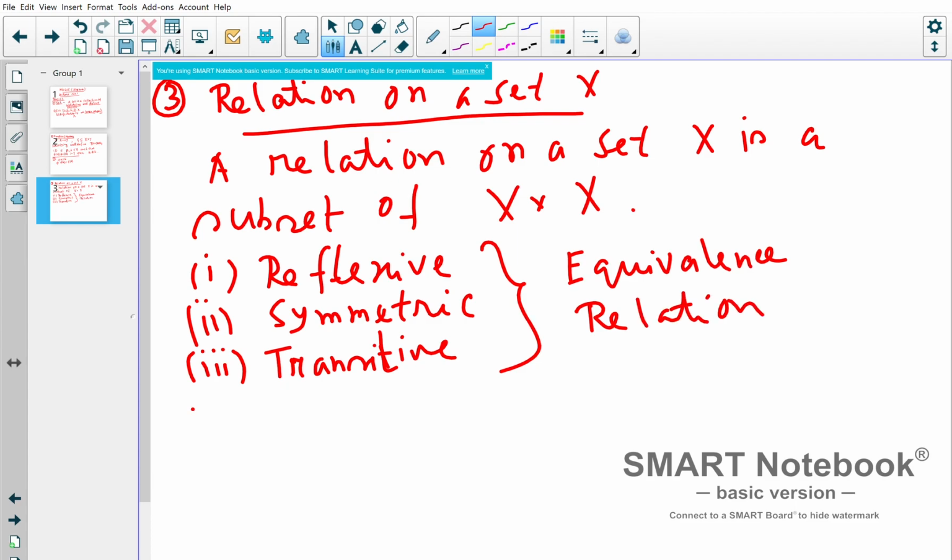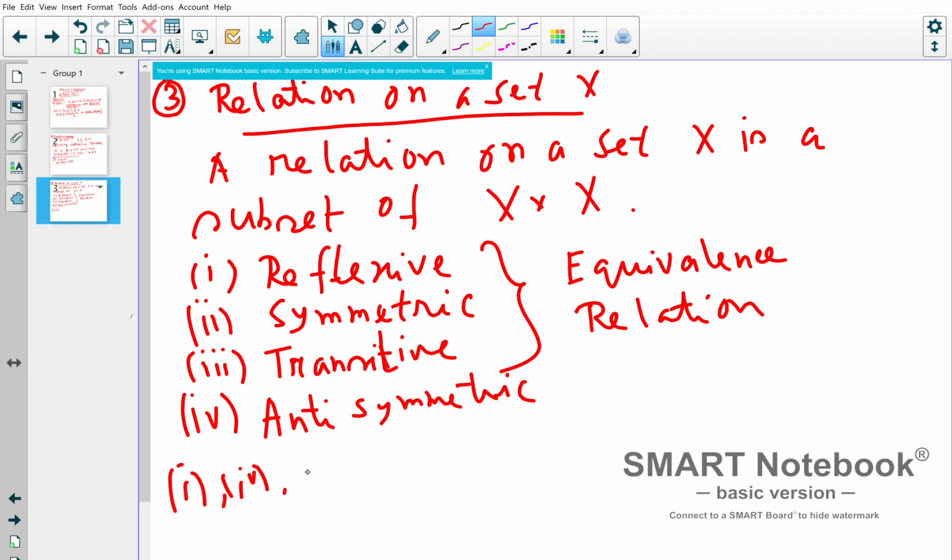There are many other relations: there is something called antisymmetric, something called asymmetric, and many more. And if a relation satisfies reflexive, antisymmetric and transitive instead, then it is called a partial order relation. These two are very important, so that's why I am writing them.